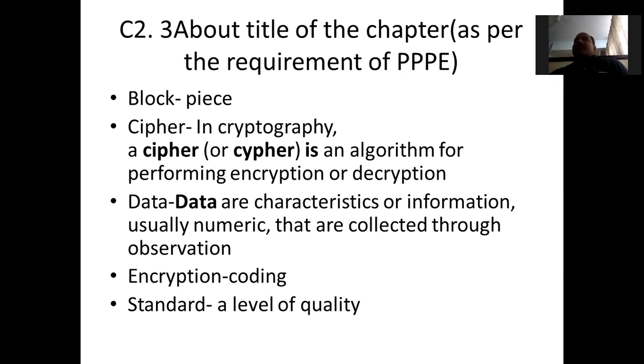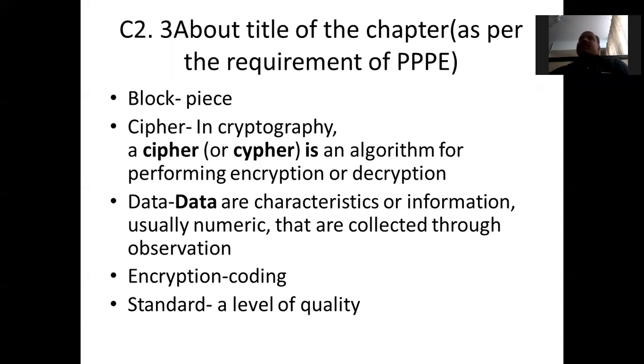So what is the title of the chapter here? As per the requirement, the block is nothing but a piece of code. Here, in case of our subject, we are going to consider the block as a piece of information. That is called the block here. And cipher: in cryptography, a cipher is an algorithm for performing encryption or decryption.